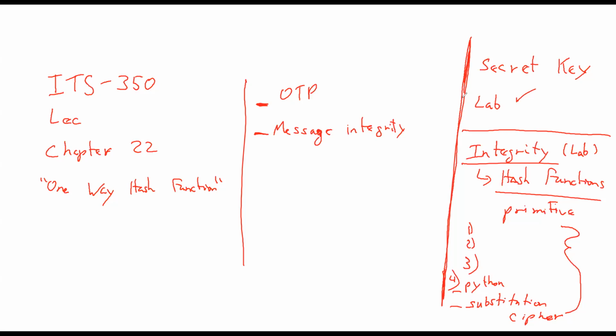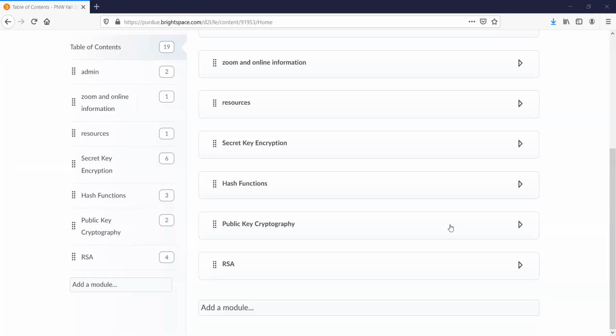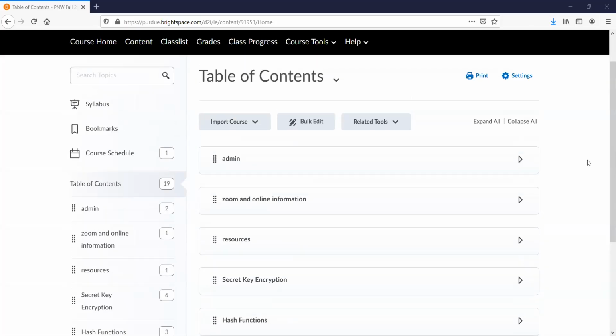Okay. I'll do a very quick overview of Python. I did provide, you guys should be seeing the Brightspace environment now.